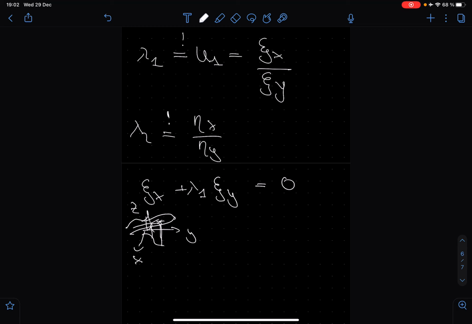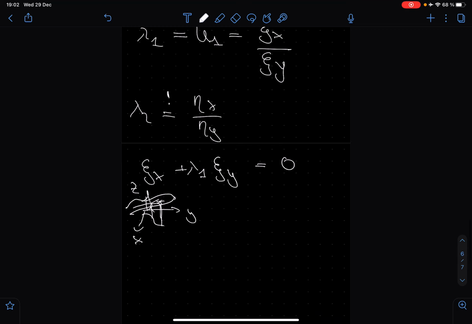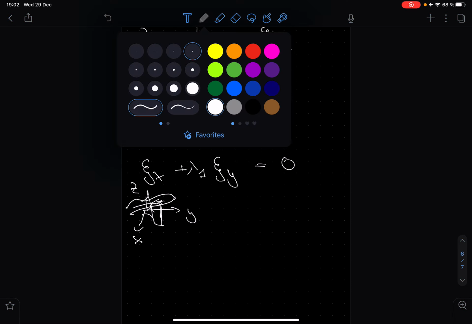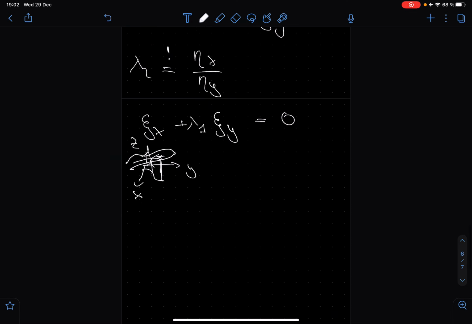That means we can use the multi-dimensional chain rule, which gives us our characteristic equations.